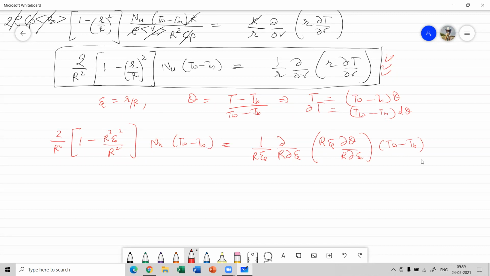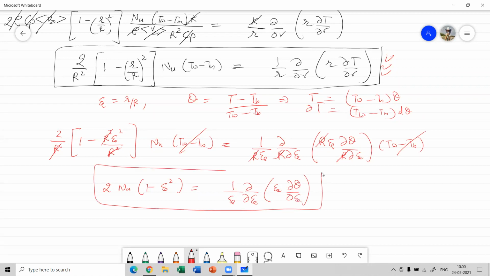Now Tw minus Tb is there on both sides, gets cancelled. This R gets cancelled with this. Now we have R square, which goes with this. So what we are left with is 2 into Nusselt number into 1 minus zeta square is equal to 1 over zeta del by del zeta into zeta del theta by del zeta.